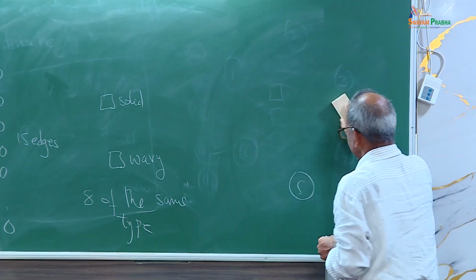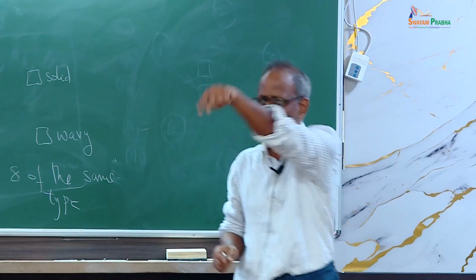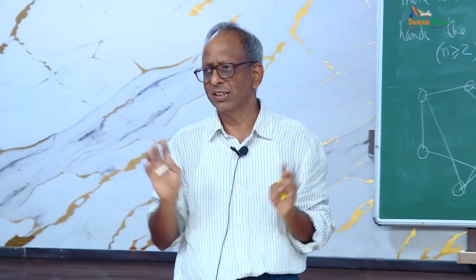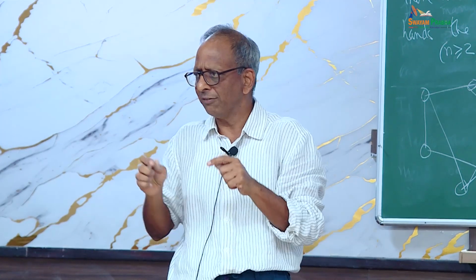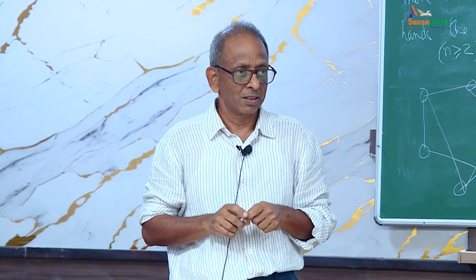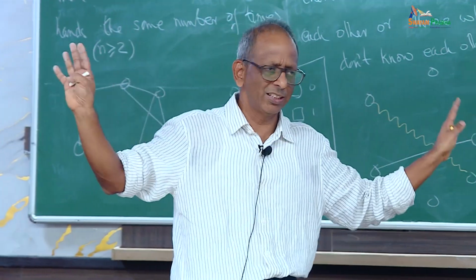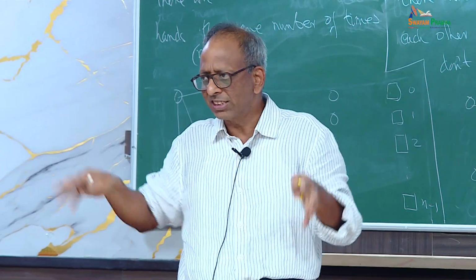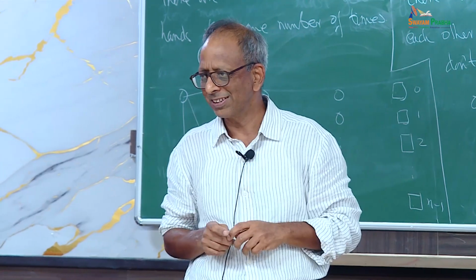Can you have 9 edges and no triangles? With 6 vertices and 9 edges. Only wavy edges are being drawn, solid edges are out. Can you put 9 wavy edges on 6 vertices so that there are no triangles? 8 would have been enough for us.